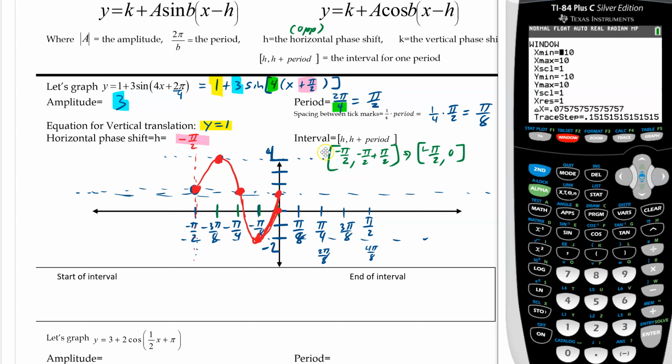So we know that we're going to go from negative pi over 2 to 0, so an x min of negative pi divided by 2 to an x max of 0, right? And then we do our y min. Our y goes from negative 2 to 4.